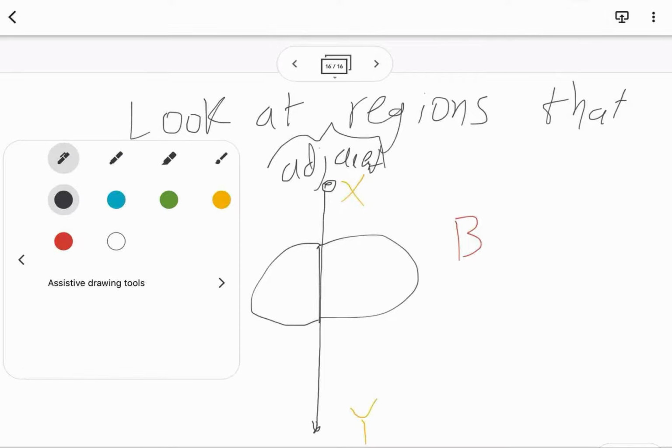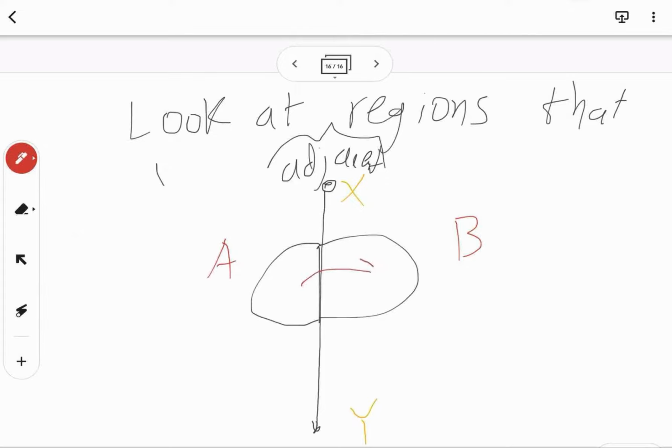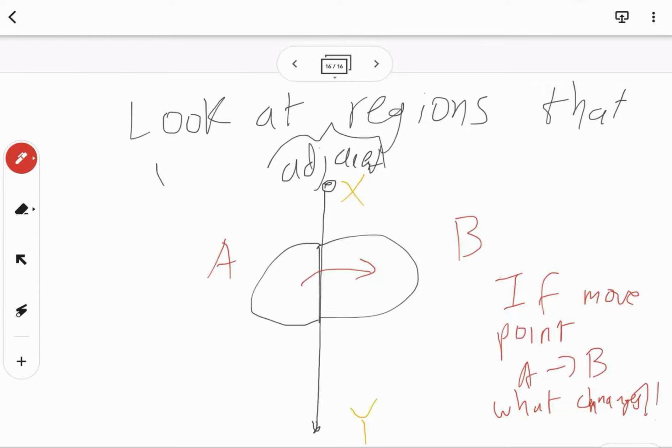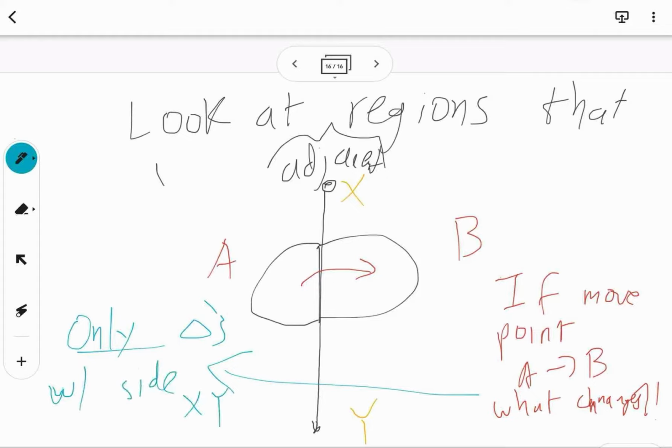We want to somehow use the difference, right? So if we move point A to B, what changes? Well, the only thing that changes is different color. Only triangles with side XY change. Nothing else changes, right? Because we're only crossing the line XY.